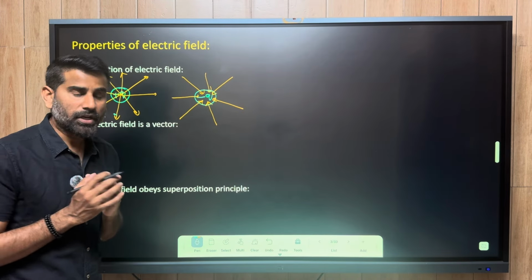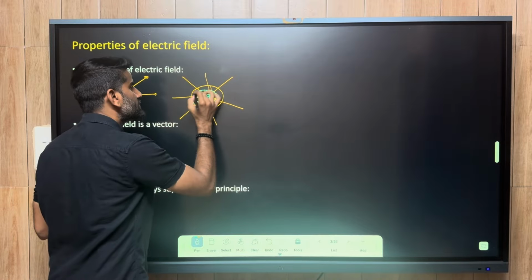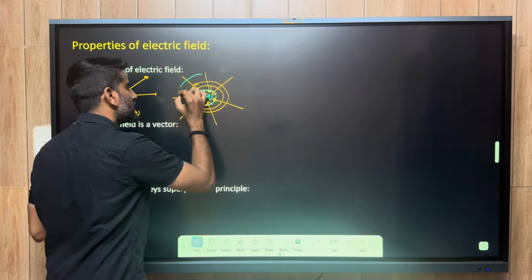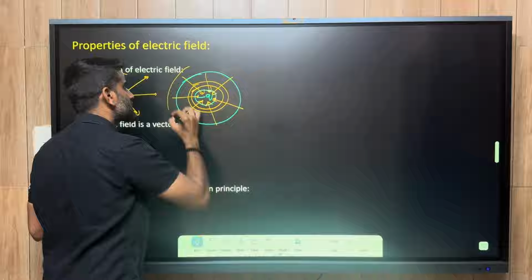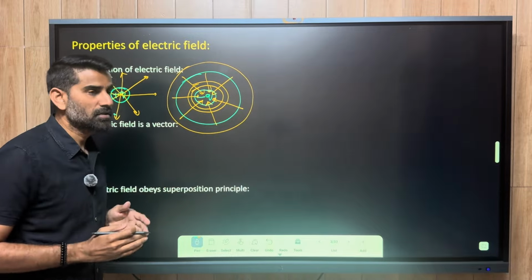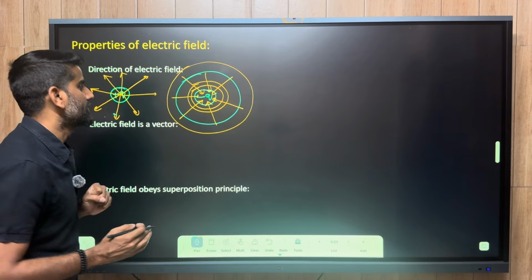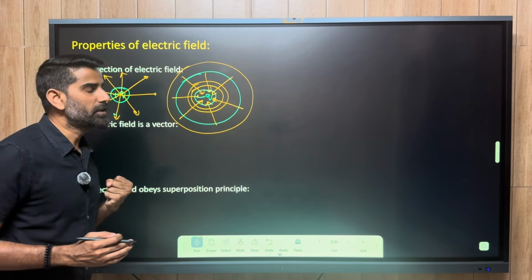Maximum intensity of the electric field exists near the charge. As the distance increases from the charge, the field strength keeps on decreasing.